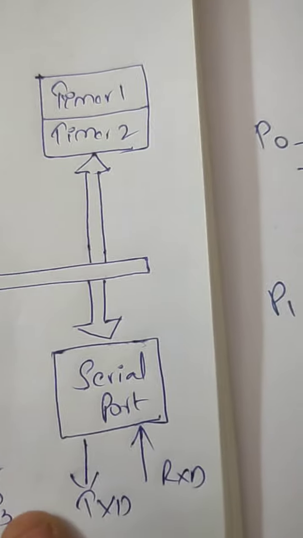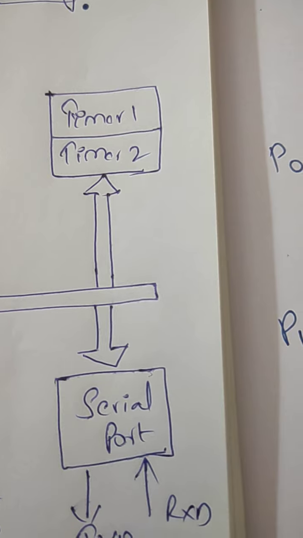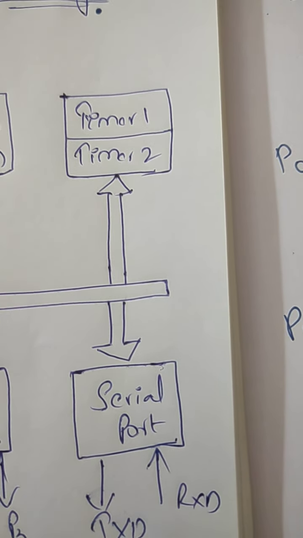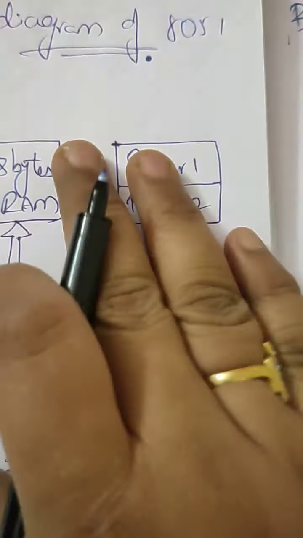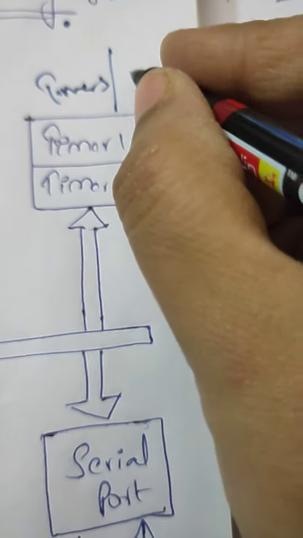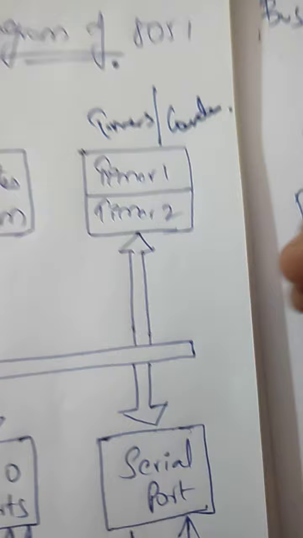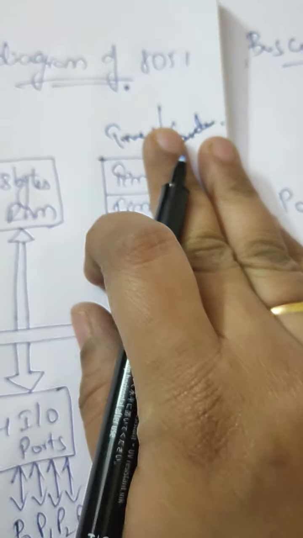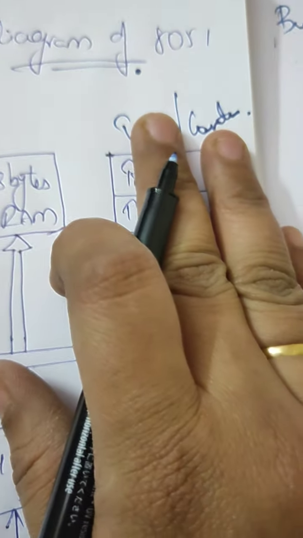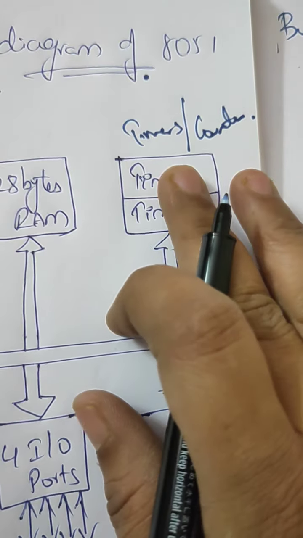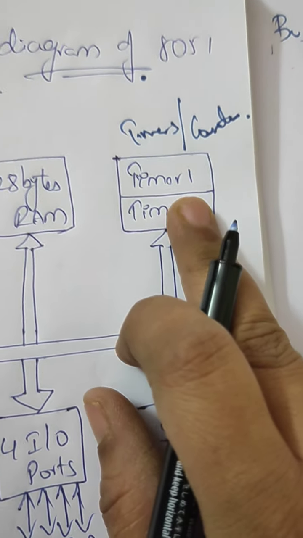Next, coming to the timers and counters. This is an internal operation, and it is synchronized using the clock circuit.